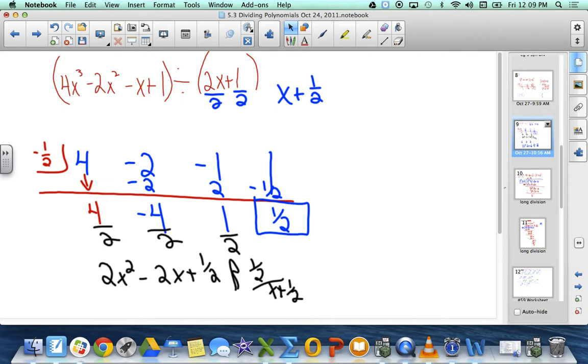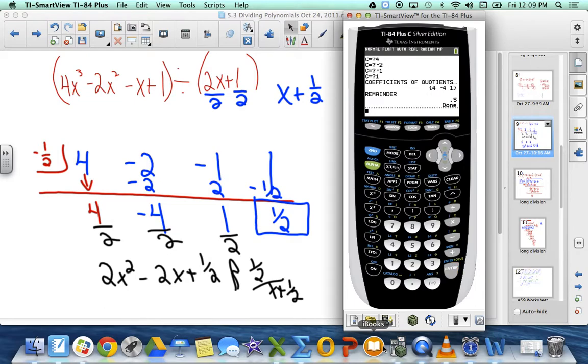So if you have your calculator, you want to get it out. On this particular program, it's called synthetic division.